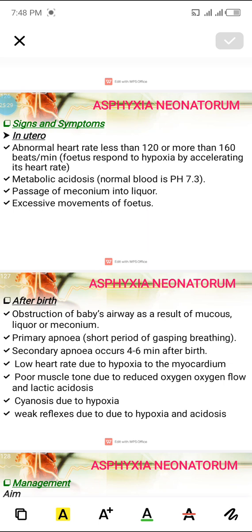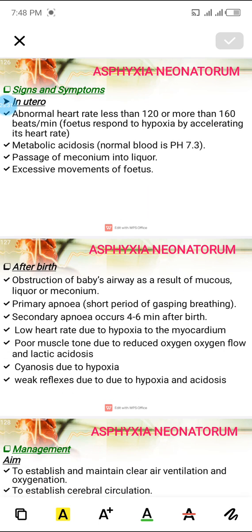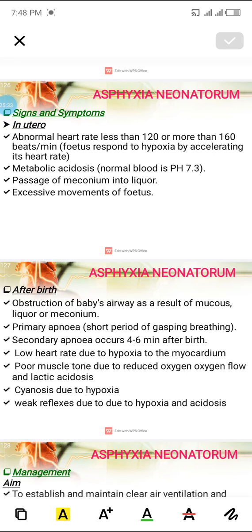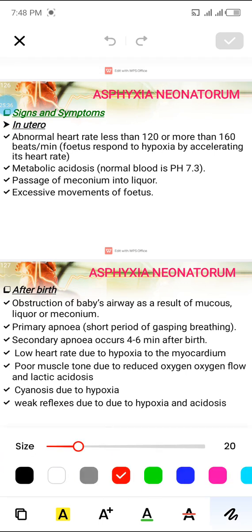According to the pathophysiology, if you followed very well, what we had was the heart rate. Remember that at some point we had the tachycardia, then we had the bradycardia, meaning there was a reduction in the heart rate. That's why we're talking about a bradycardia. So we say a heart rate less than 120 beats.